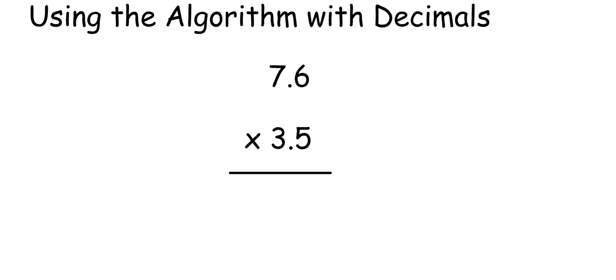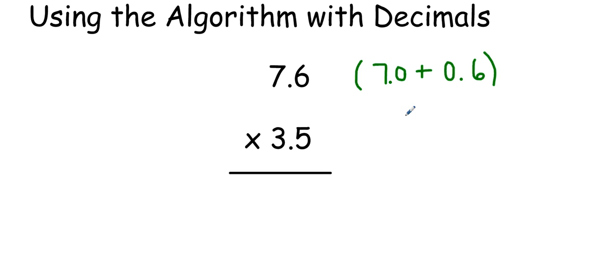We know that in 7 and 6/10 there is a whole number, so 7, which we can also show with a decimal. And then we also have 6/10. So if we were to break these apart and show their place value, we show them like this.